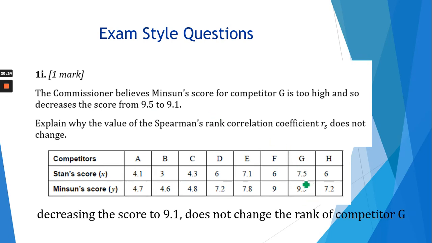What happens if we change this to 9.1? Which one's going to be the number one on Minson's score? It will still be competitor G, because 9.1 is greater than 9. So in terms of the rank, nothing changes. This will be the number one. So that means because the rank doesn't change, RS also does not change.